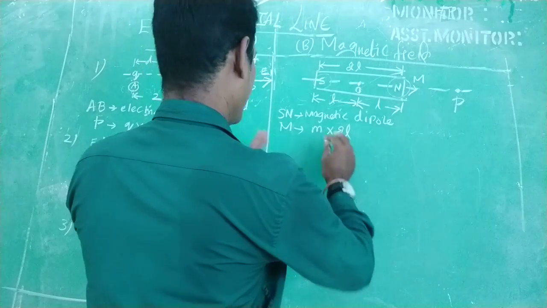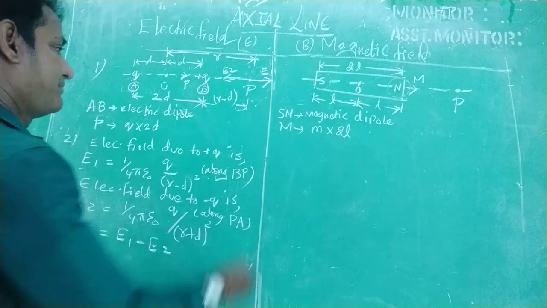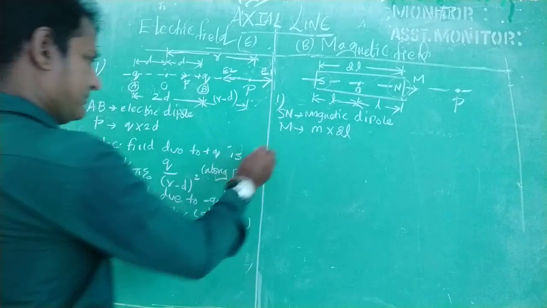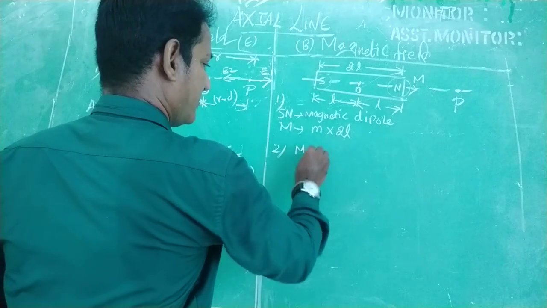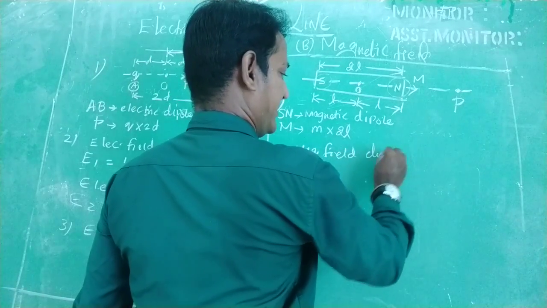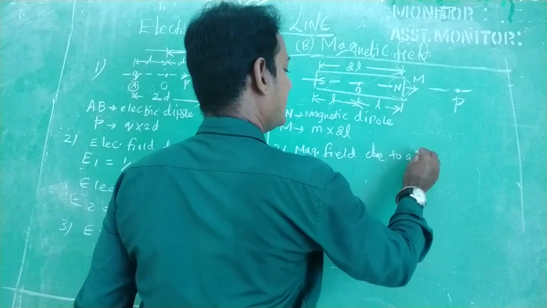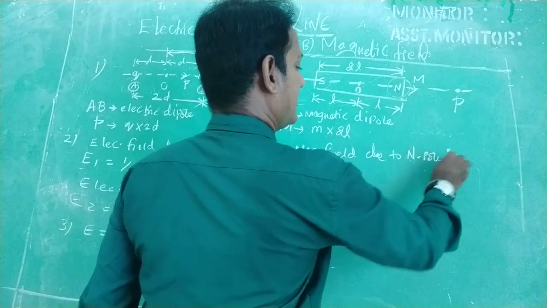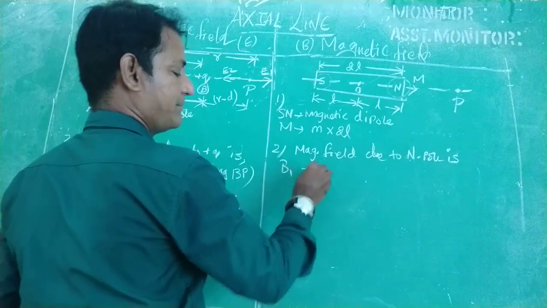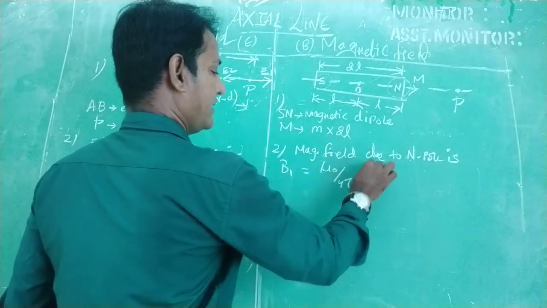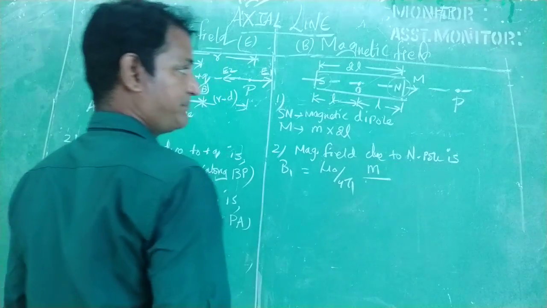Next, here we are going to see the magnetic field. The magnetic field due to the north pole is B1, which is equal to mu naught by 4 pi, times the pole strength m, by the distance squared.